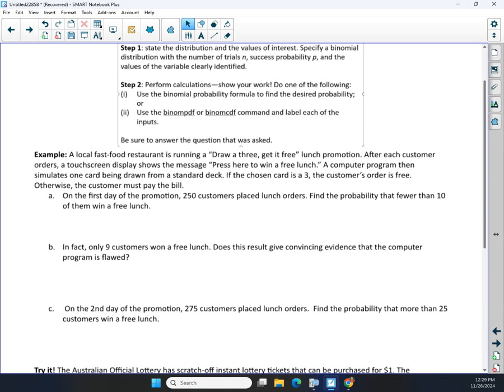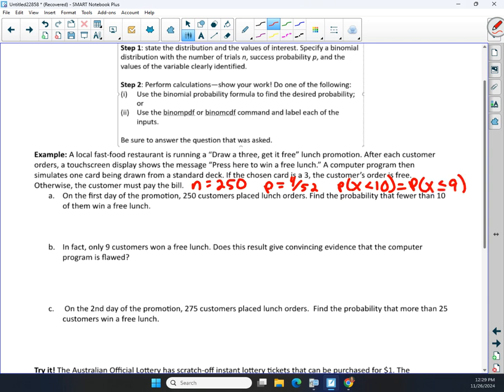So we're going to identify these parts. n is 250. p is 4 out of 52 because we're trying to draw a 3 and there's 4 3s in the deck. And we're trying to find the probability of fewer than 10, which is the same thing as x being less than or equal to 9.